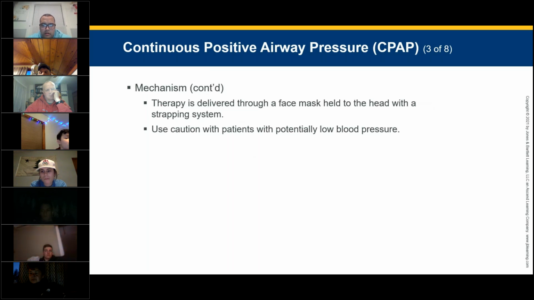It has a really good seal with minimal leakage between the face and the mask. Many CPAP systems will use oxygen as the driving force to deliver the pressure to the patient. Patients benefit the most from CPAP during their exhalation. Use caution with patients with potentially low blood pressure because CPAP will cause a drop in cardiac output.